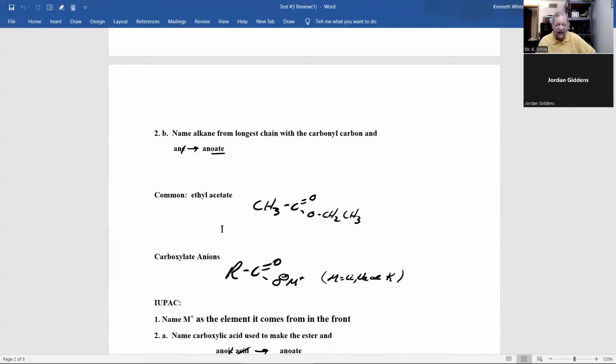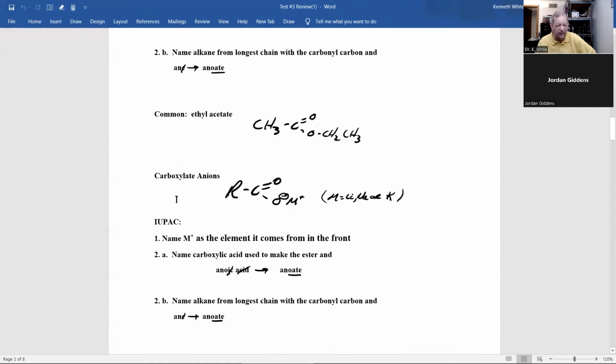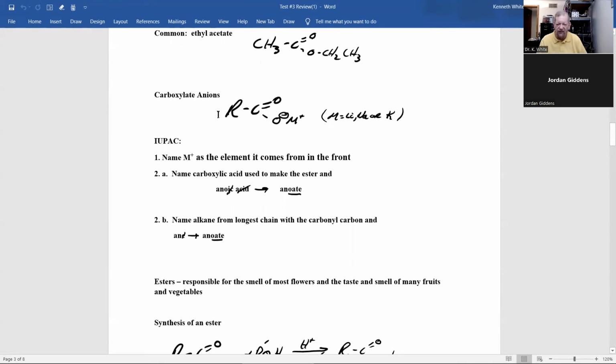Next, carboxylate anions. The reason I'm talking about nomenclature is because it's similar to esters. How do you do it? You name M plus as the element it comes from in front, like lithium, sodium, or potassium. Then for the rest of the molecule, you name the carboxylic acid.